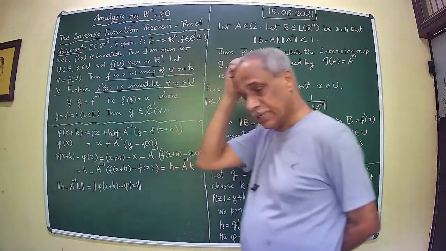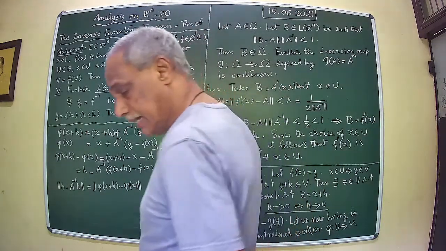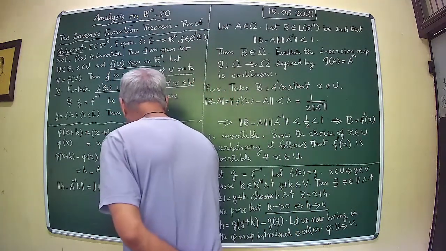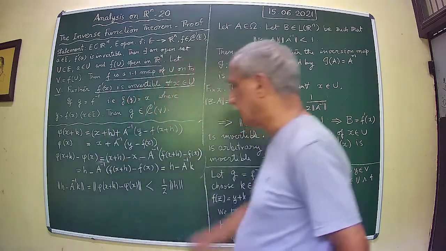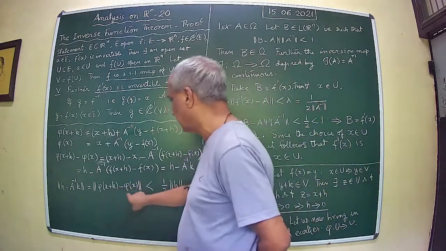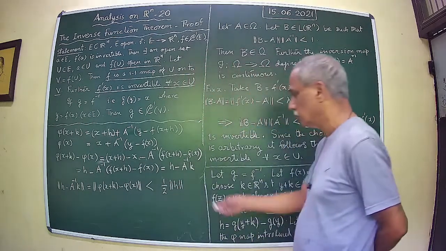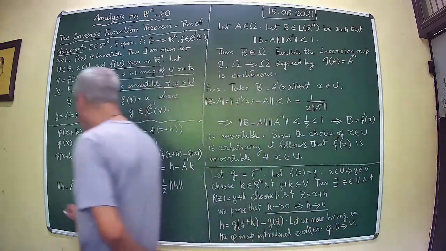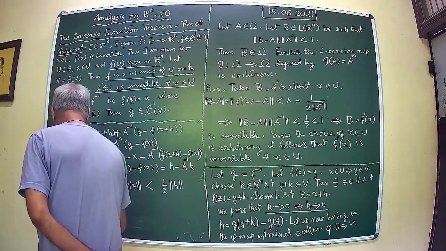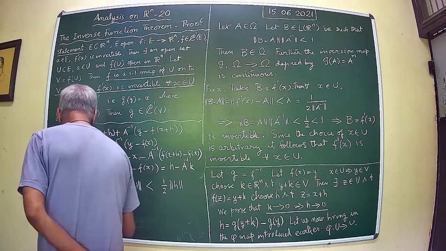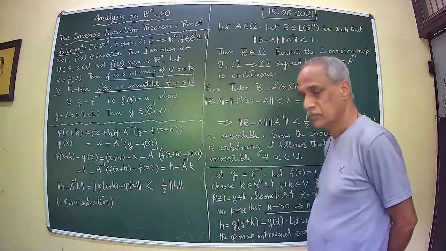I am just reminding you of this. Now this is equal to this, and you know that this is less than, we have shown that phi is a contraction with the constant coming as half. So we are invoking that result, which we have proved in the first part of the proof. Okay.